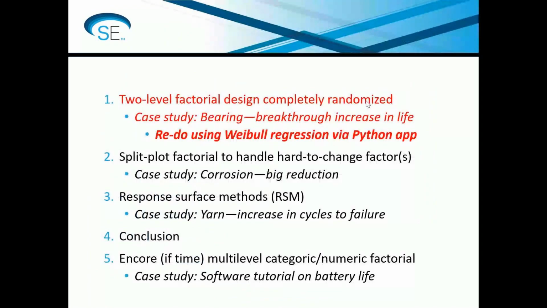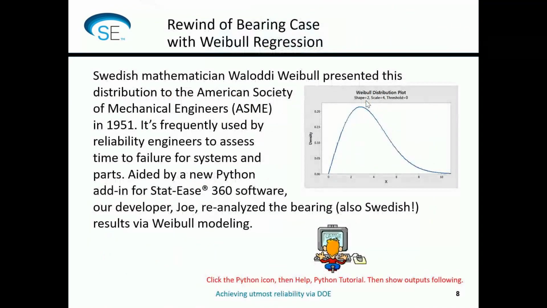So then Joe came up with this Python app to do Weibull regression, which is based on this distribution shown here that was developed by this Swedish mathematician. How you'd pronounce it in Swedish, even though I'm an Anderson, my Swedish has been snuffed out over generations. I'm going to say Waladi Weibull, but I'm sure it's more of a V sound.